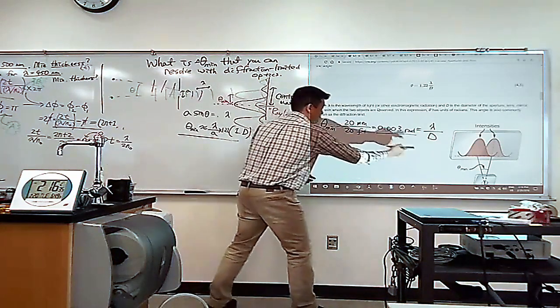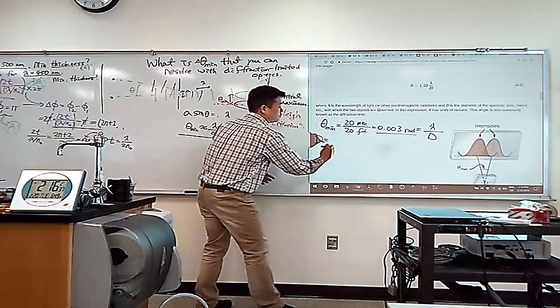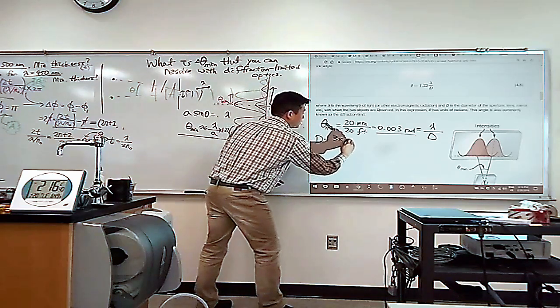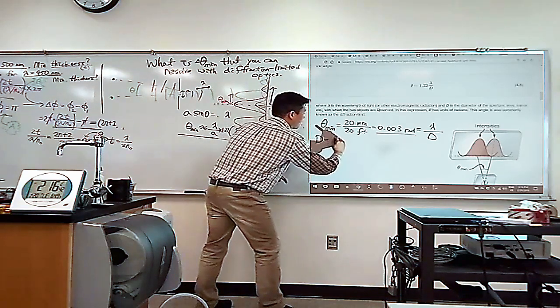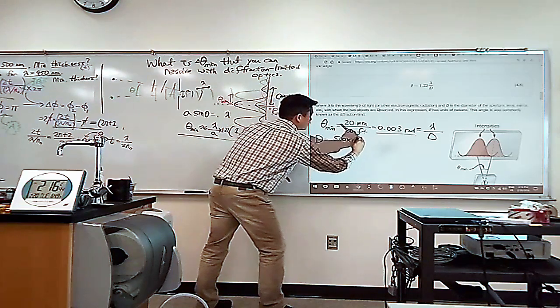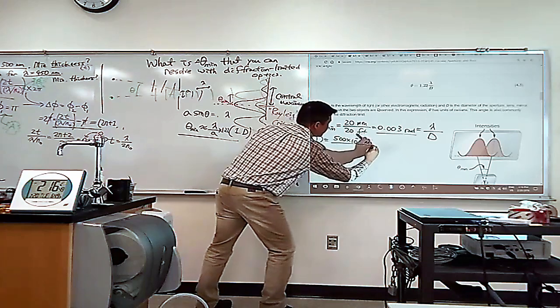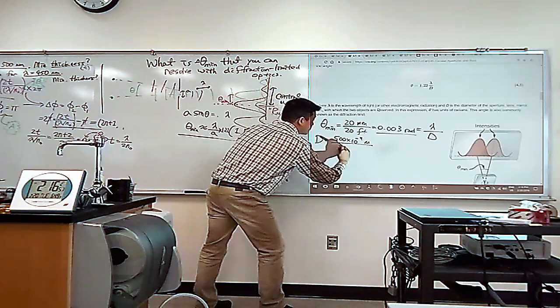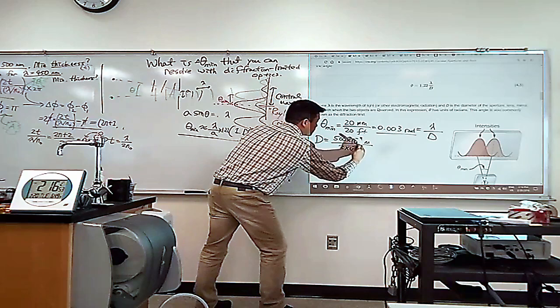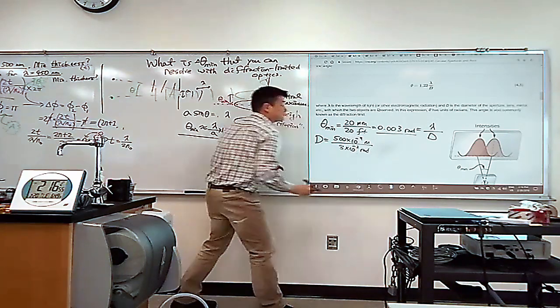So pupil size, D, is equal to 3 times the wavelength, 500 times 10 to the minus 9 meters, divided by that angular size, 3 times 10 to the minus 3 radians.